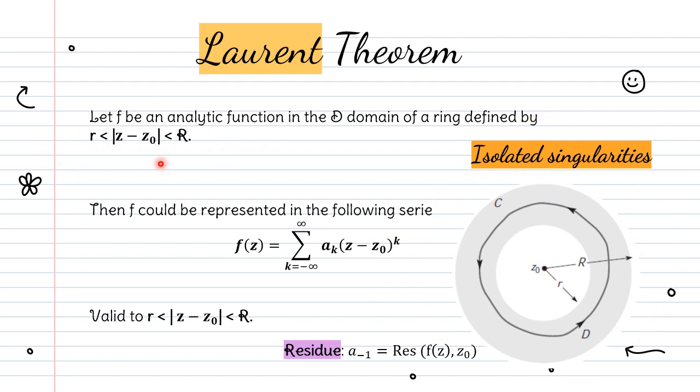And as we said before, this is the smaller radius and this is the bigger radius, and between that we have the modulus of z minus z sub 0, remembering that z sub 0 is our singularity, and also that z sub 0 is going to be our center as well. As we can see in the illustration, it is the center of our disk over here.